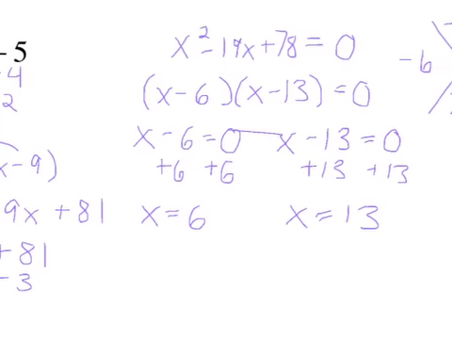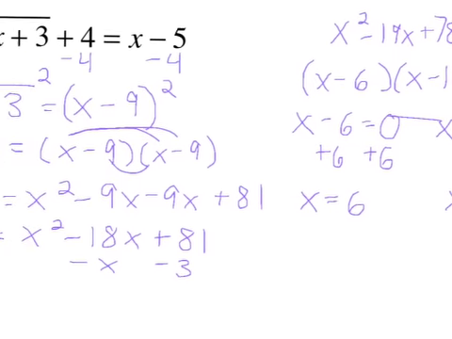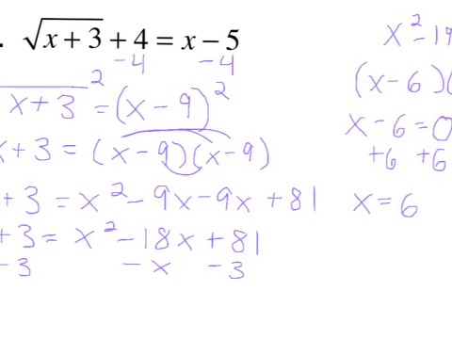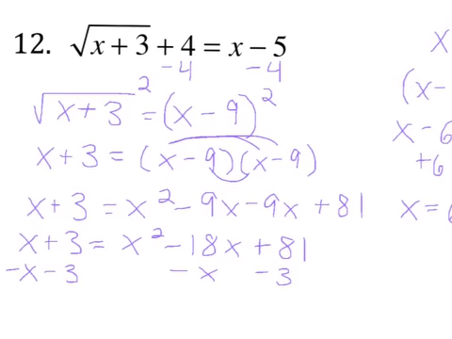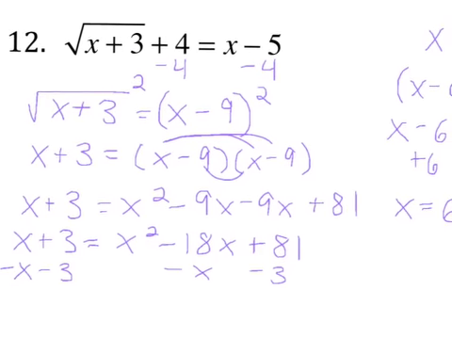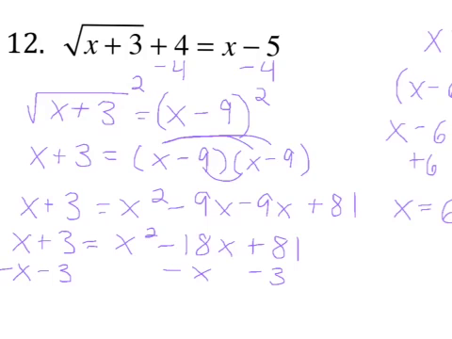So let's scooch back over to our problem. And let's see, if I plug in a 6 back into the original, I get the square root of 9 plus 4, which is 7. Oh, sorry, the square root, yes, 7, equals 1.